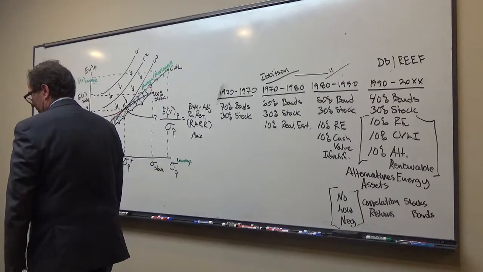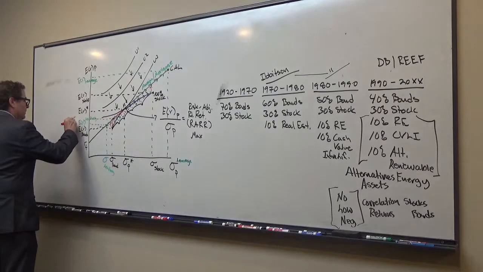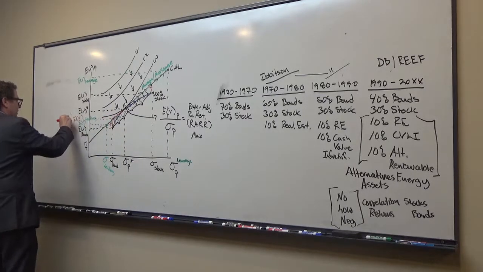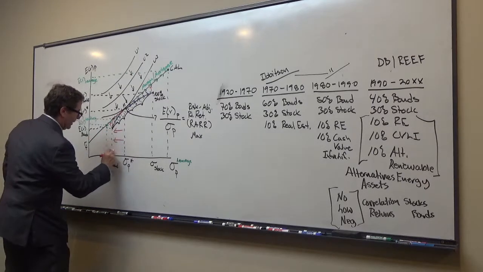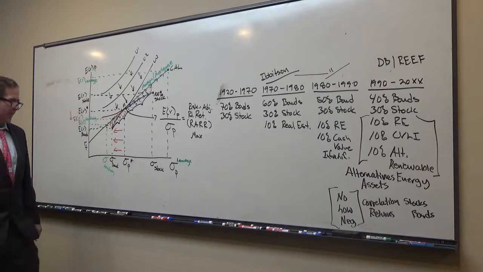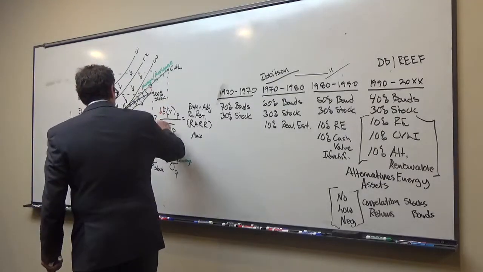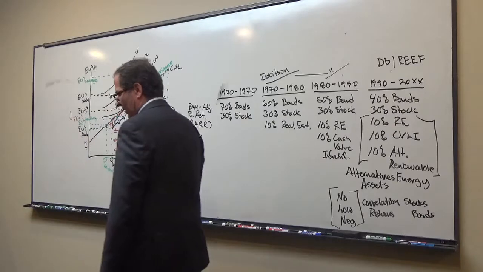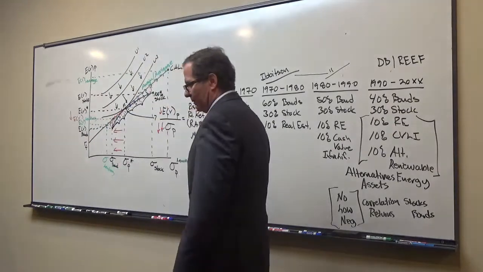It bows out the efficient frontier. Okay, I know that your expected return falls, but your portfolio standard deviation falls way more. So yeah, I'm going to get a reduction in my expected return, but I'm getting a significant reduction in my portfolio risk, which increases the risk-adjusted rate of return.